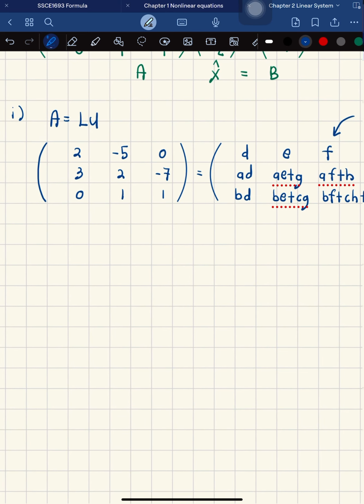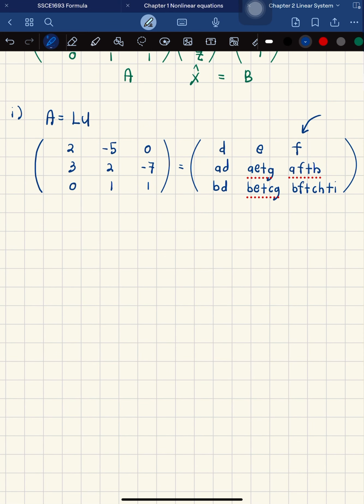Okay, now we compare. So now we compare: D is equal to 2, E is equal to -5, and F is equal to 0. So AD is equal to 3, so A will be equal to 1.5. BD is 0, so B is equal to 0.